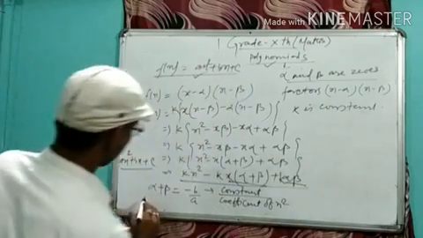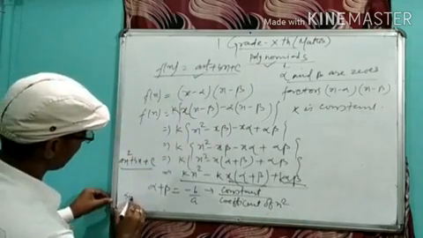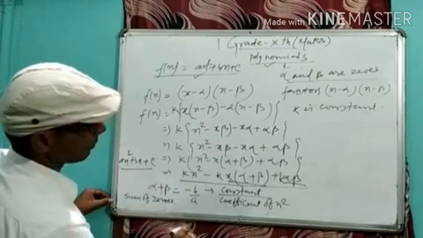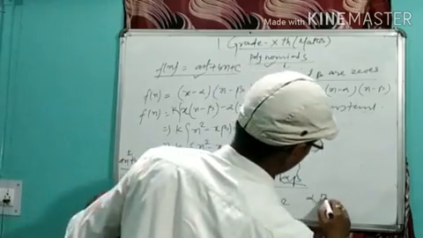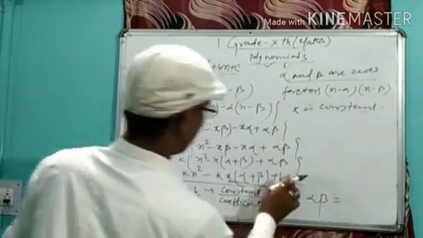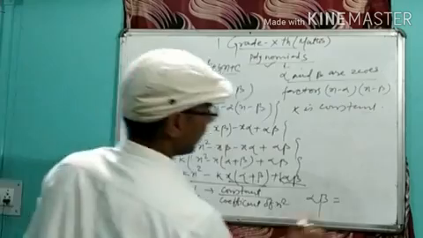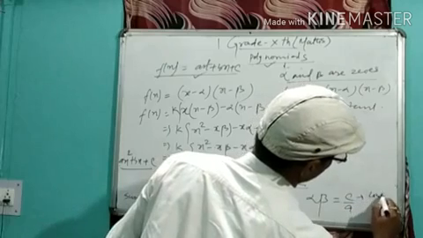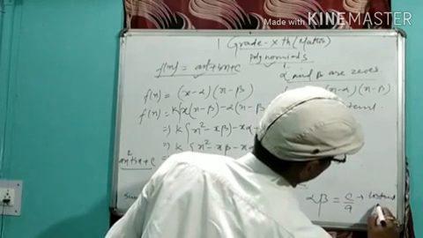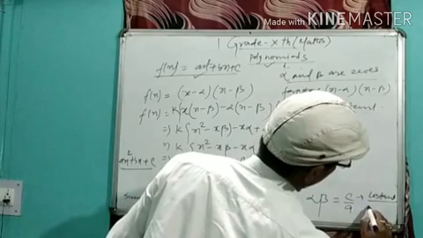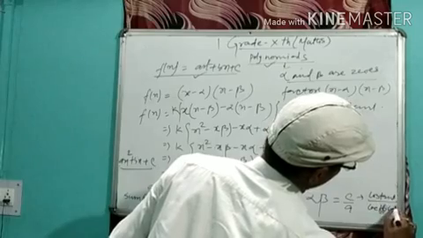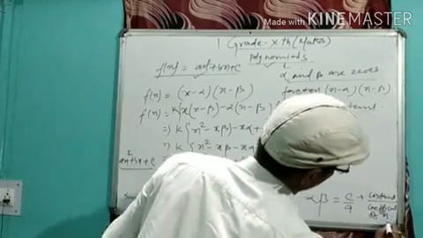Now this is the sum of zeros. And here is the product of zeros, alpha into beta, which is c by a. c by a, the constant term divided by the coefficient of x square.